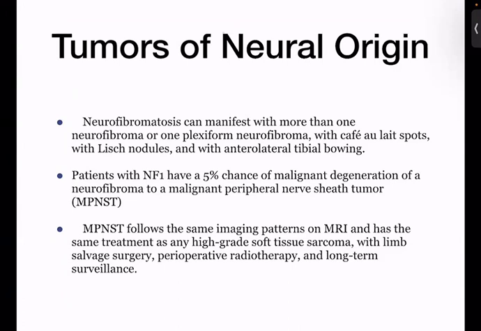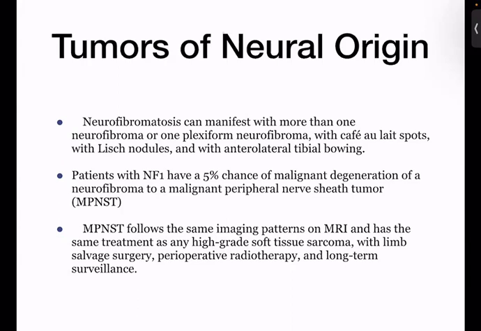When we say plexiform, they can have multiple masses along a specific nerve, for example the sural nerve or sometimes the sciatic nerve. We sometimes balance it. If the nerve is like the sciatic nerve, a major nerve, and the patient is not willing to lose its function, if the patient can survive the symptoms, we keep it.